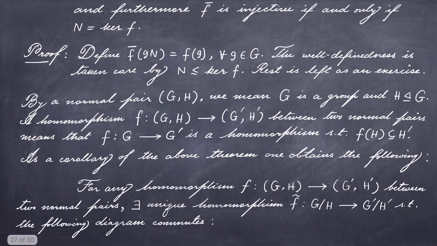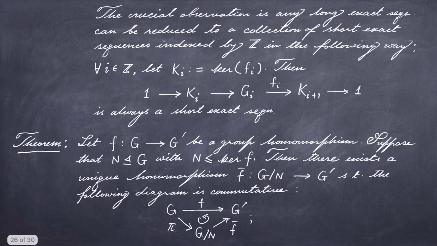That this is injective if and only if N is the kernel of F is left as an exercise. So you may regard this as a natural extension of the first isomorphism theorem.